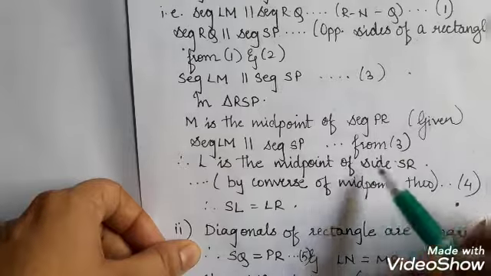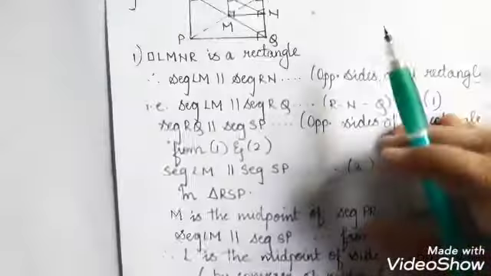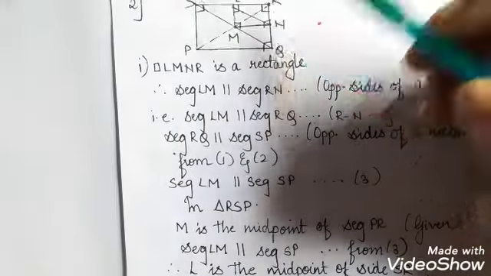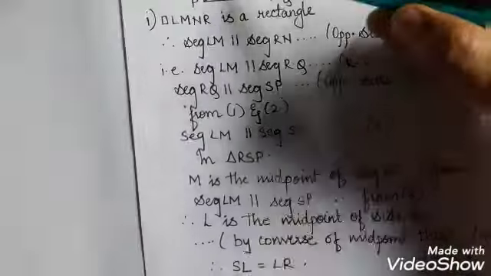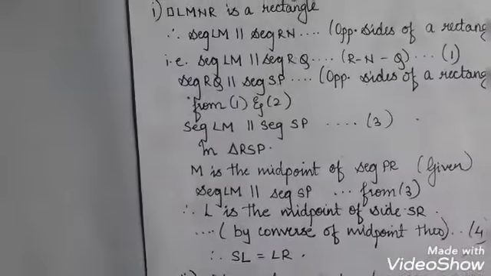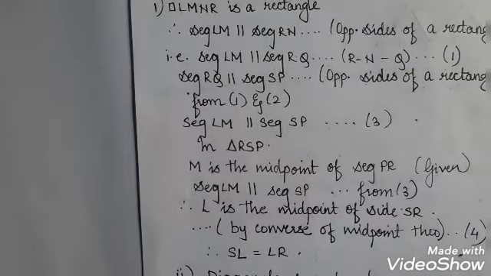That means L is the midpoint of side SR. So if L is the midpoint of side SR, I can say that SL is equal to LR. That is the converse of the midpoint theorem.